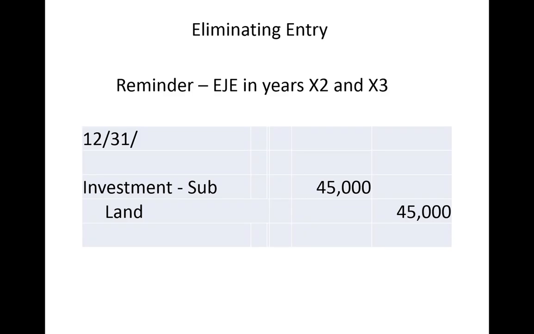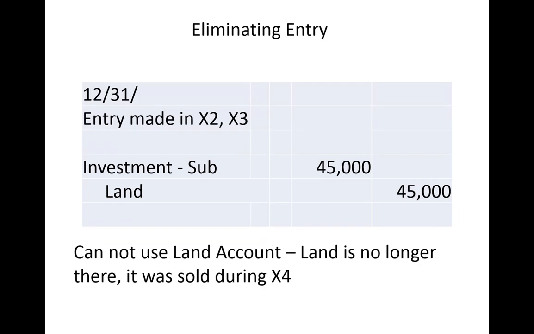Well, what did we do with that deferred gain entry in year 2 and 3? Remember, we debited investment sub, credited land. And what that did was it restated the land to its value of $25,000. Well, the land is no longer there because it has been sold. So we need to do the following.